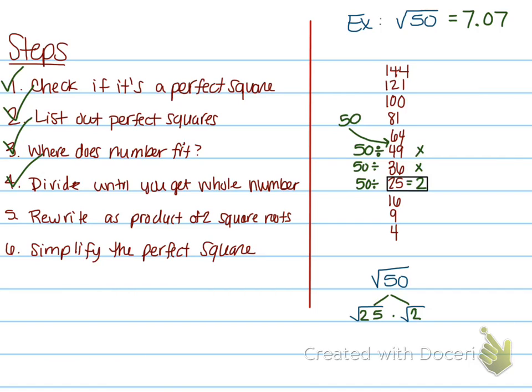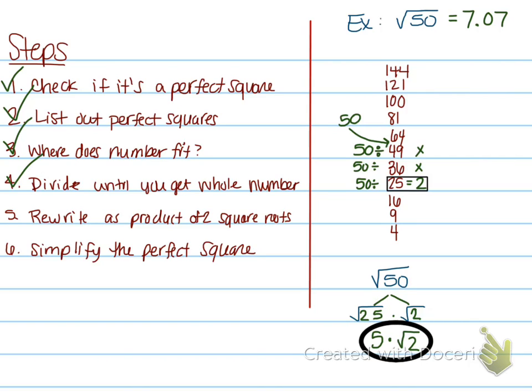One of these numbers should be able to simplify because it was a perfect square. The square root of 25 is 5. So I'm going to simplify this to 5 times radical 2, or 5 times the square root of 2. This is my answer.